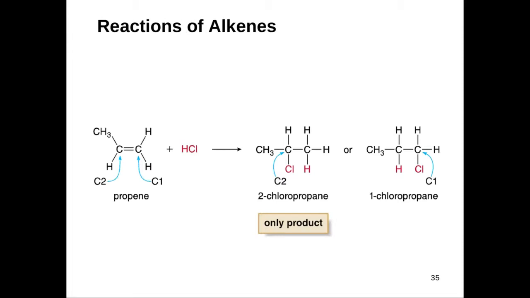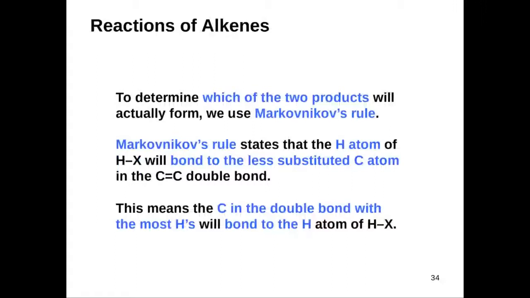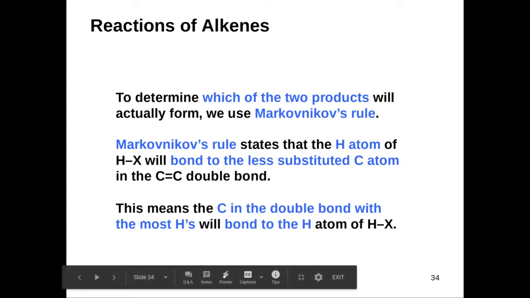So what does that physically look like? Well, we have propene reacting with hydrochloric acid, so we have this reaction. Now, we examine which one has the most hydrogens, right? Well, we see this one has 2 hydrogens, this one has 1 hydrogen. His rule states the hydrogen will bind to the less substituted carbon atom, so the one that has the most hydrogens.